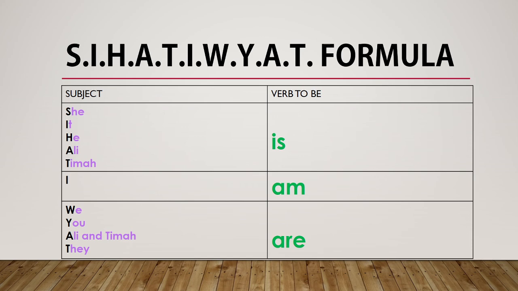I give you multiple choices of answer, which are "is", "am", and "are". So you choose one. If you refer to the Sehat Wiat formula, the correct answer would be "is". So you should choose "is".